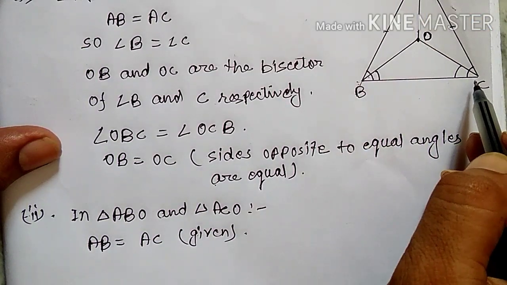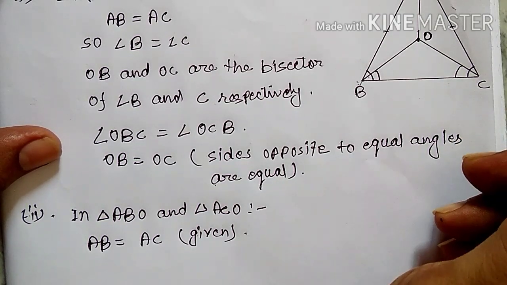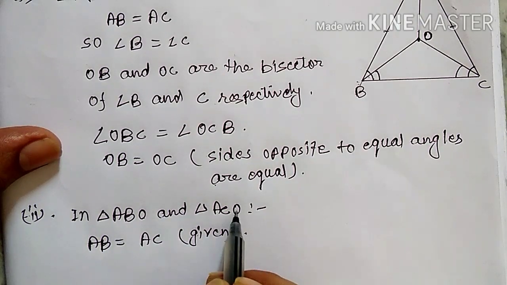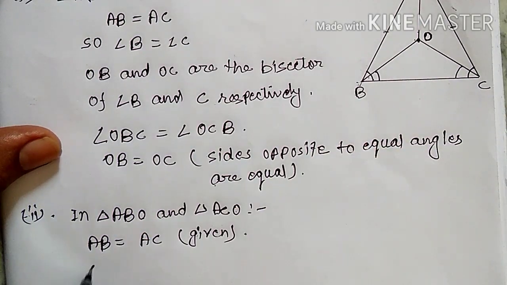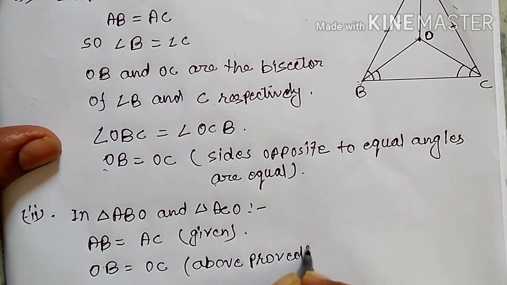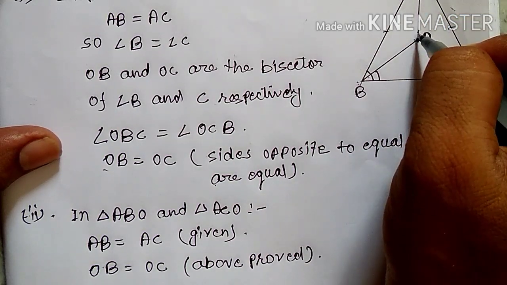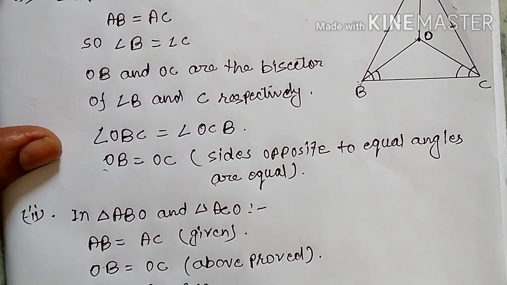And OB is equal to OC, above proved. From here it is proved. And AO is common in both the triangles. AO is equal to AO, common.